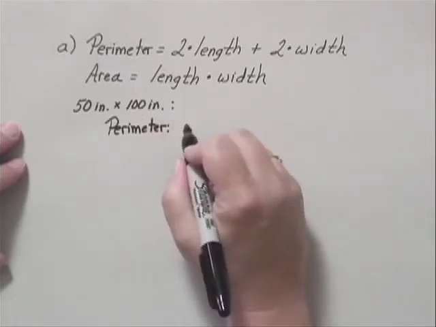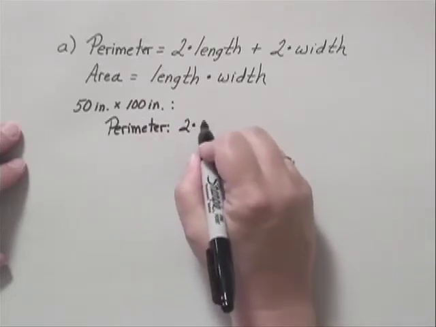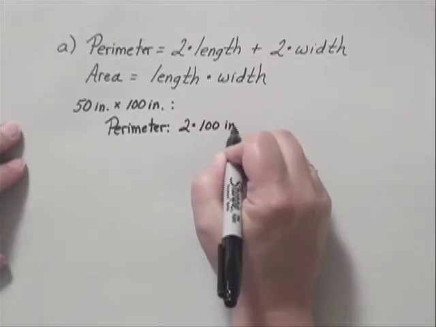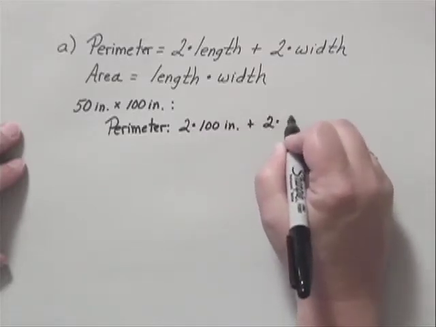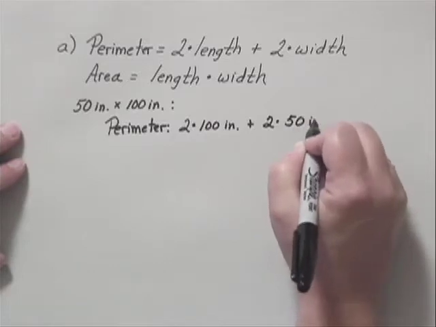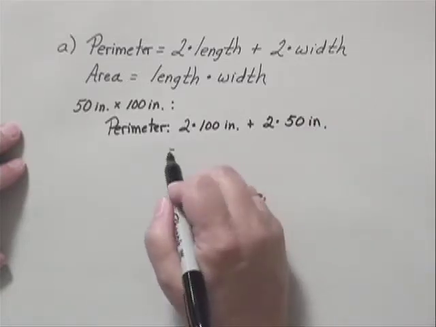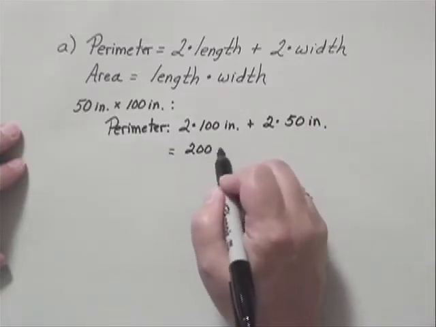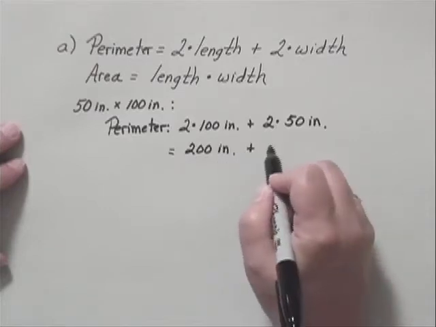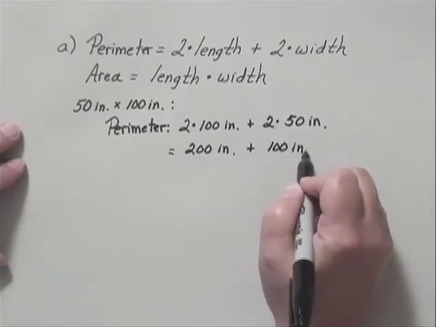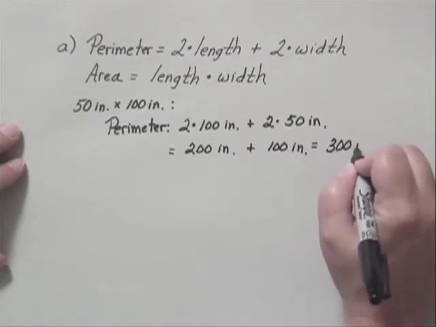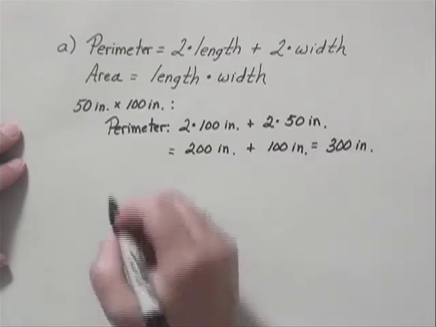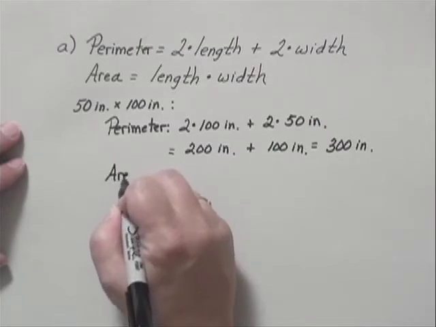And that's 2 times the length plus 2 times the width, which is 200 inches plus 100 inches, or 300 inches.